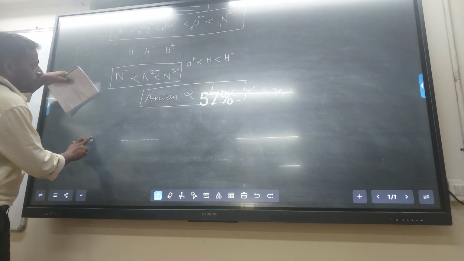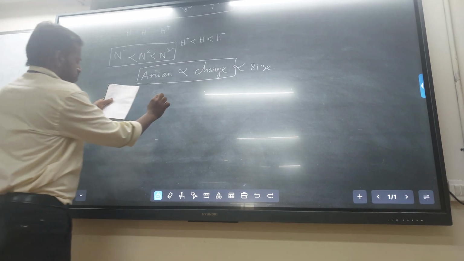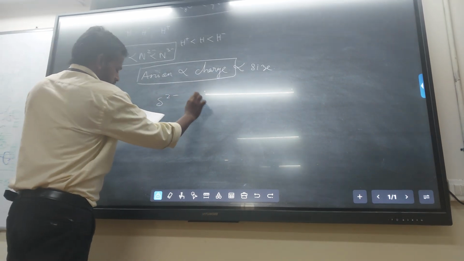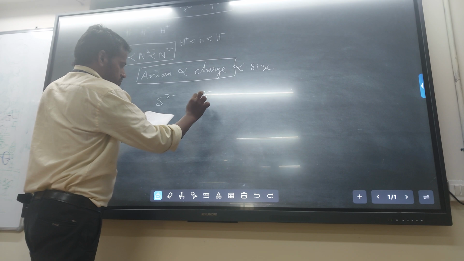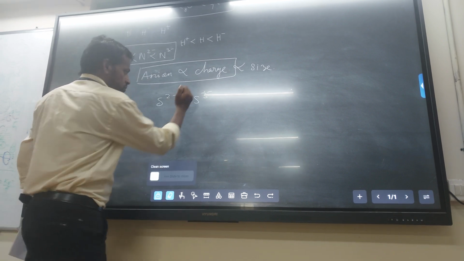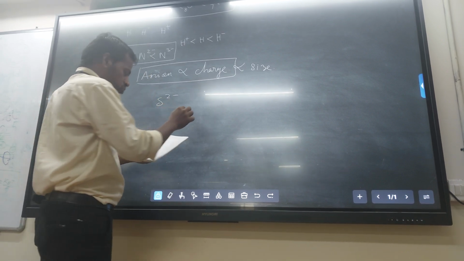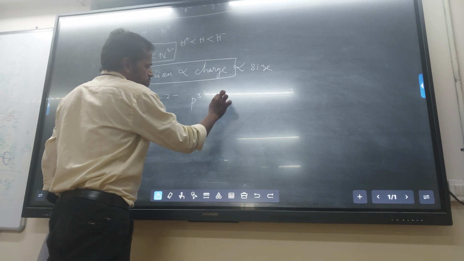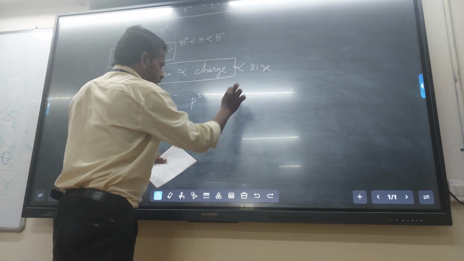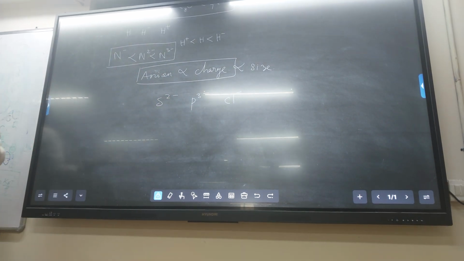Yeah, students, try to work out S 2 minus, P 3 minus, Cl minus. Arrange the anions in decreasing or increasing order.